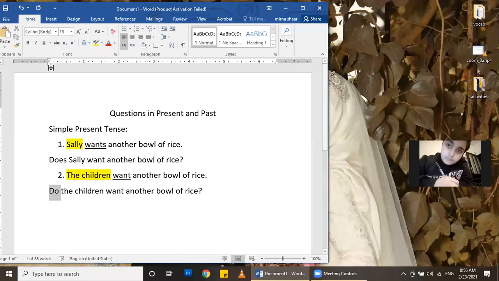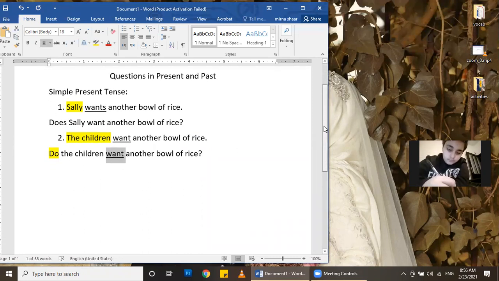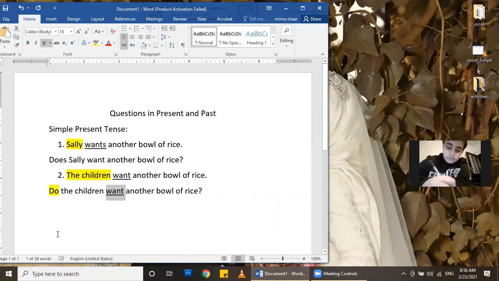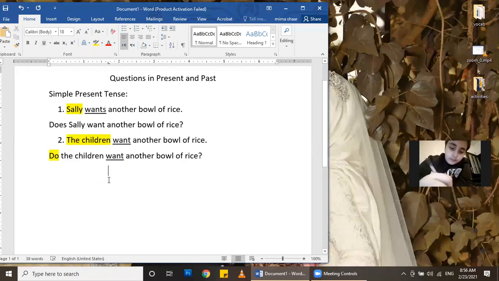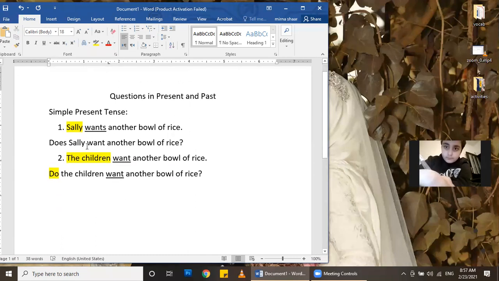It starts with the word do, since the subject is plural. Then I add the subject, after that the verb. Concerning the verb, I use the main form of the verb, without adding s, es, or ies. So till now, the golden rule is that I use do or does whenever I want to express a question in simple present tense.